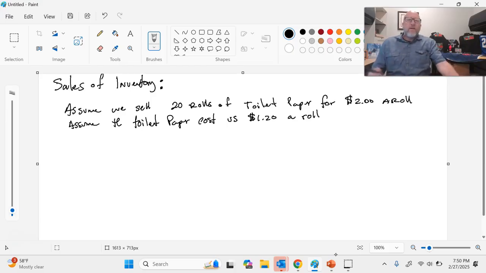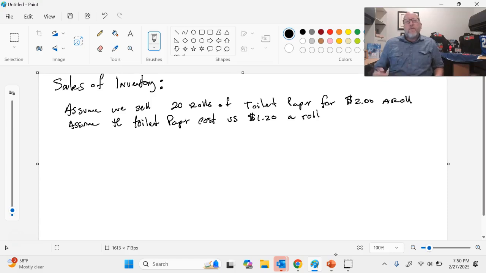So, in our example where we're buying toilet paper, assume I'm selling 20 rolls of toilet paper, and I'm selling each roll for $2, and maybe I can sell on account, right? It's not unreasonable for commercial consumers to purchase large volumes of toilet paper on account.